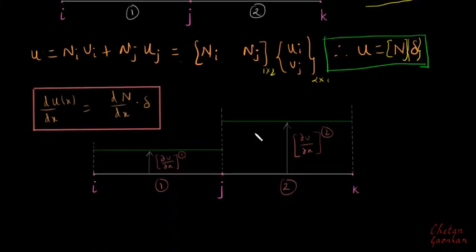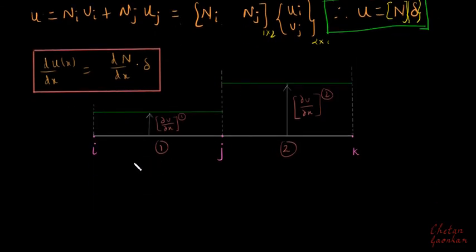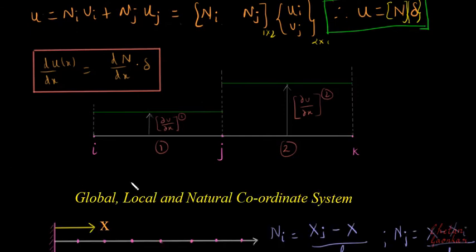Of course we had derived it in detail in the last video. So now what we'll be looking at is a very important concept, that is the shape function in global, local and natural coordinate systems.